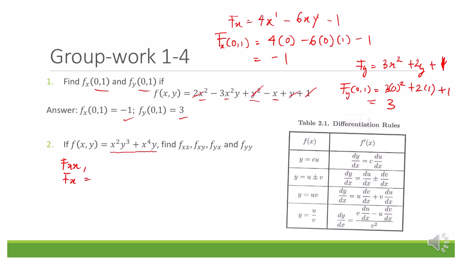To differentiate this, it becomes 2xy^3 plus 4x^3y. And fxx will be differentiating with respect to x again, so 2y^3 plus 12x^2y.